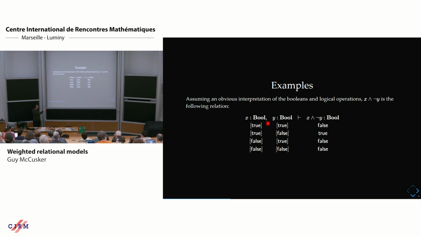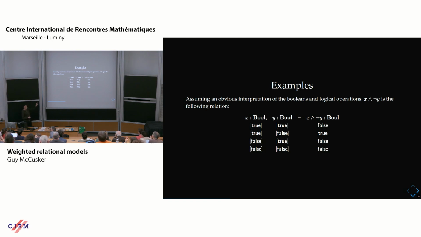So if x contains the singleton multiset true and y contains true, then we can get false out of this, because true and false is false, and so on. So you have a little truth table. And straight away, you can see that this formula is invoking x once and y once, and you can see that happening in the multisets on the left. So the model's already a little bit quantitative.